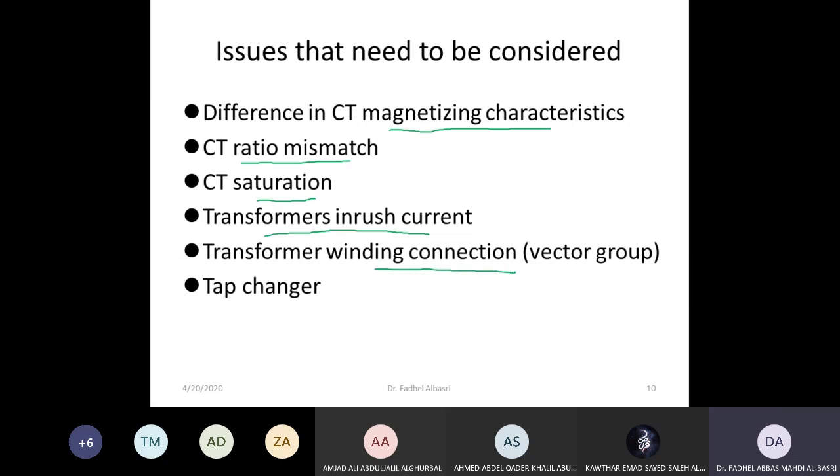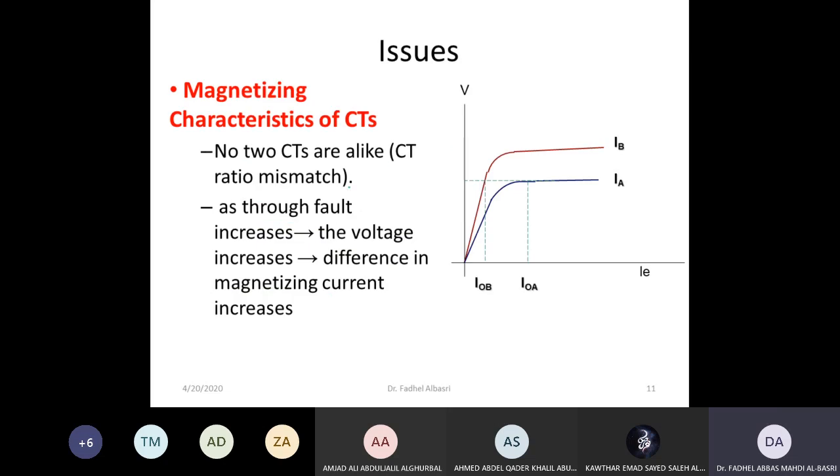When you have vector groups, some transformers with delta-star connection, the primary is not in phase with the secondary currents. So that will also lead to a difference in current due to the currents not being in phase. And if you have a tap changer, you have to take that into consideration if you have a transformer with tap changers.